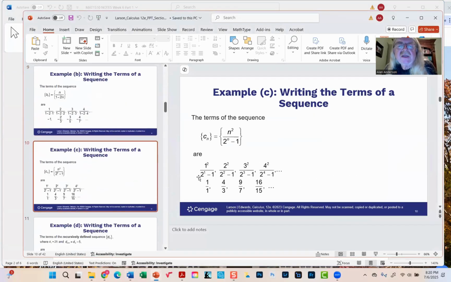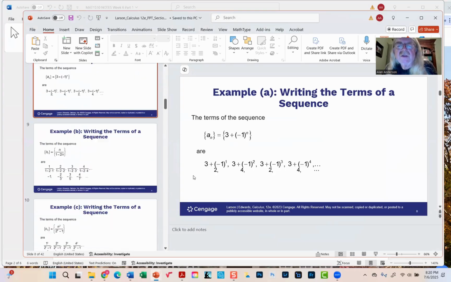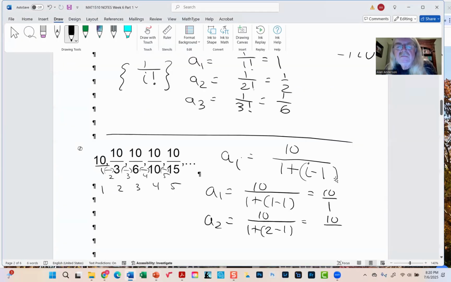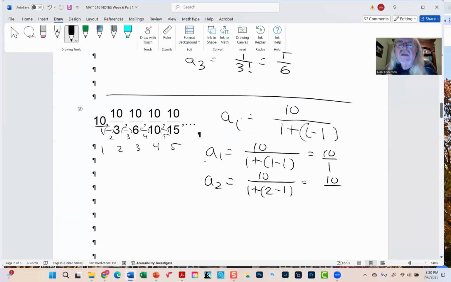Okay, let's see what they've got. No, that's not the right one. But anyway, we do know that we keep adding, and the differences between them are increasing by one every time.